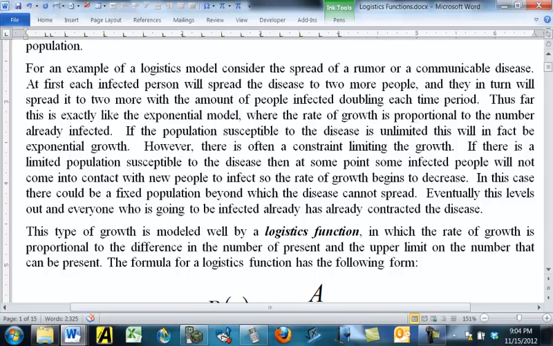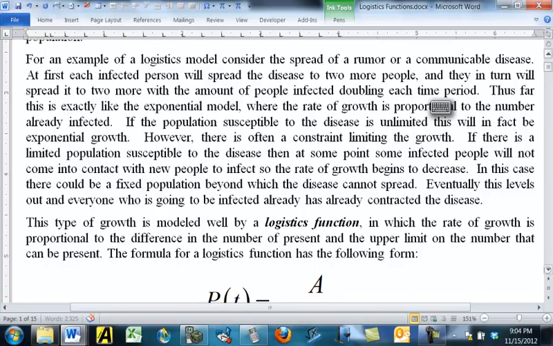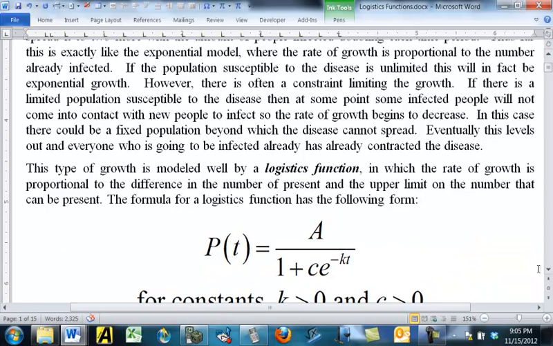Then the rate of the growth of the disease will start to slow down and eventually will level out, and eventually everybody who's going to get infected basically has been. So this type of growth is modeled very well by what's called a logistic function, and the rate is proportional to the difference between the number of people who have the disease and that limiting amount.